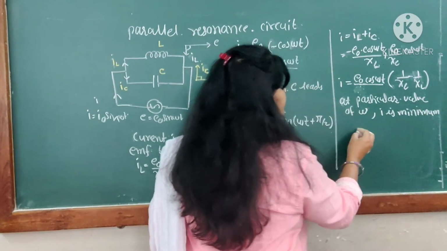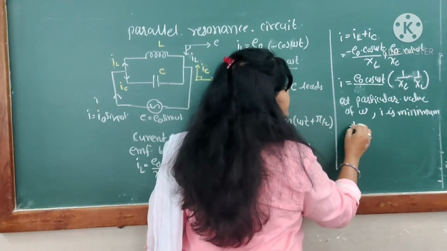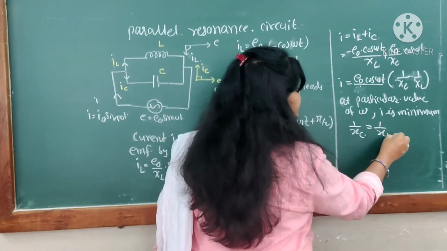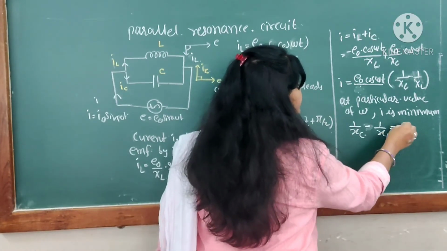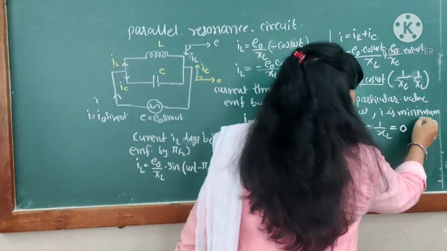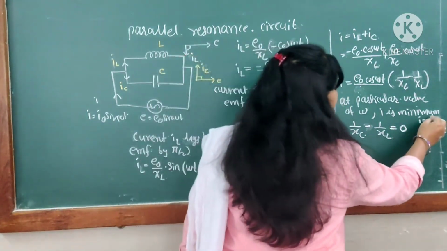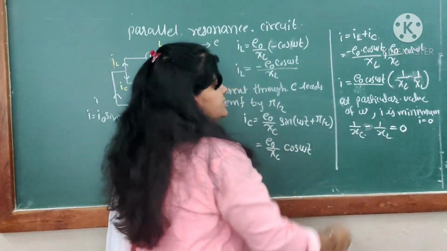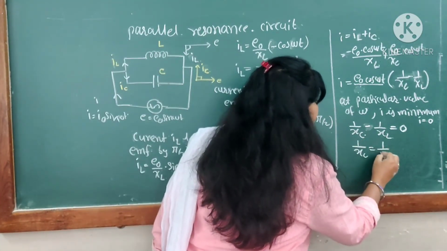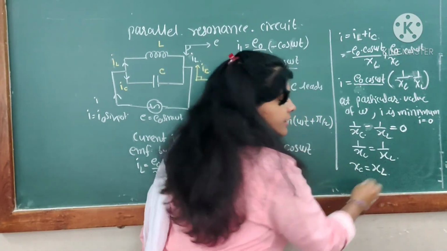When I is minimum, I is equal to 0, so this bracket becomes 0: 1 upon XC minus 1 upon XL equals 0, because here we consider resonance. When resonance occurs, I is minimum. We adjust the frequency, and then 1 upon XC is equal to 1 upon XL, so XC is equal to XL.